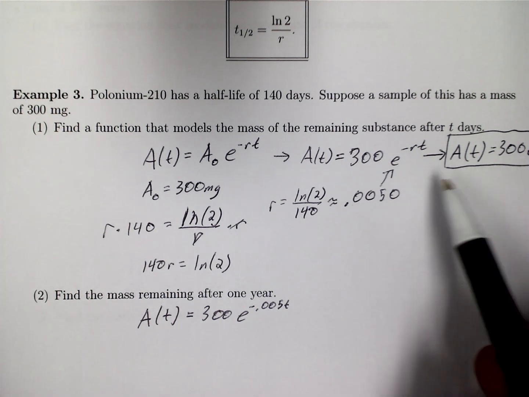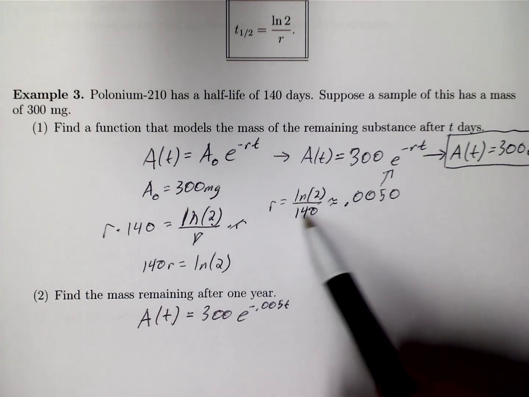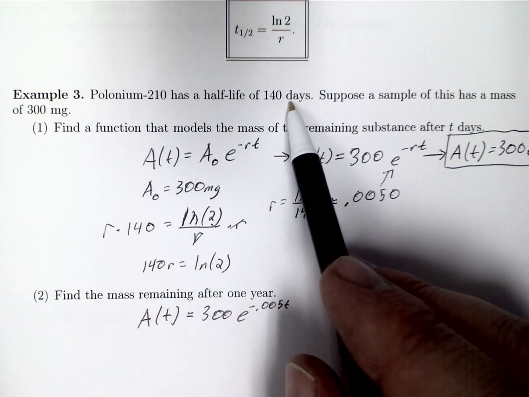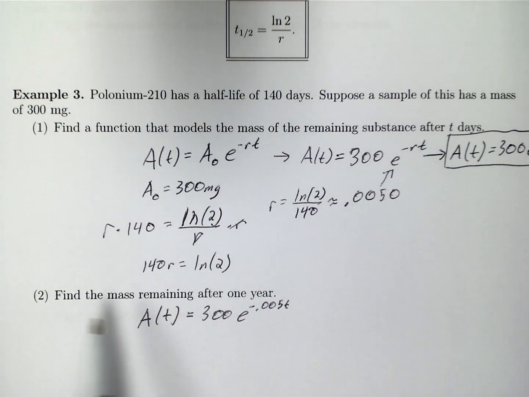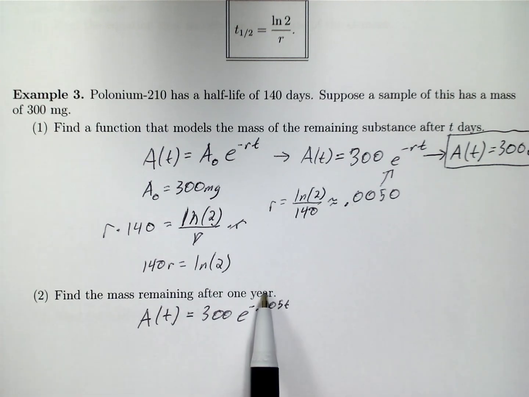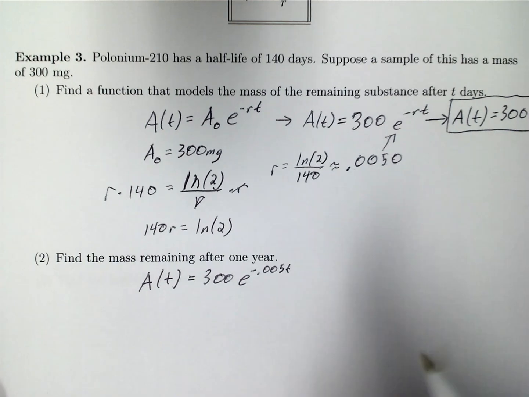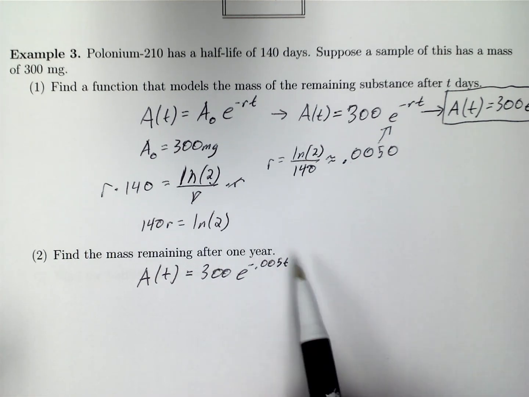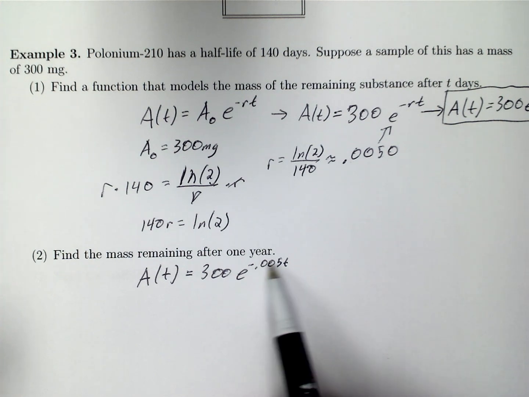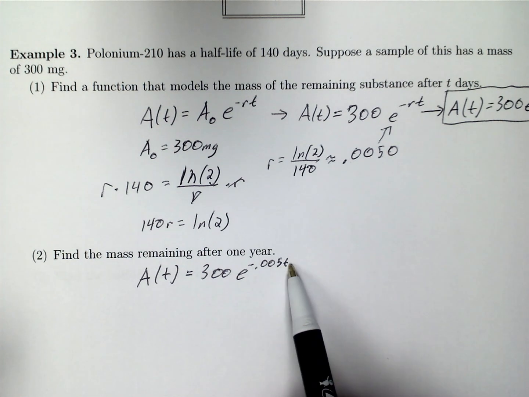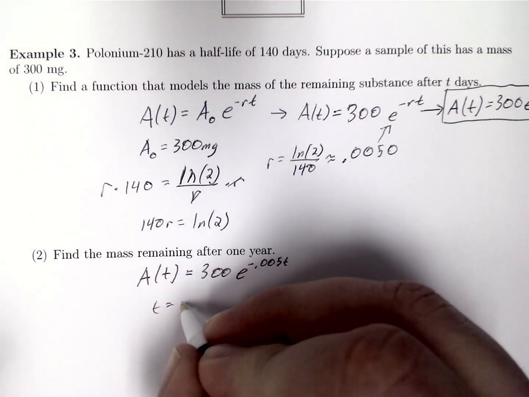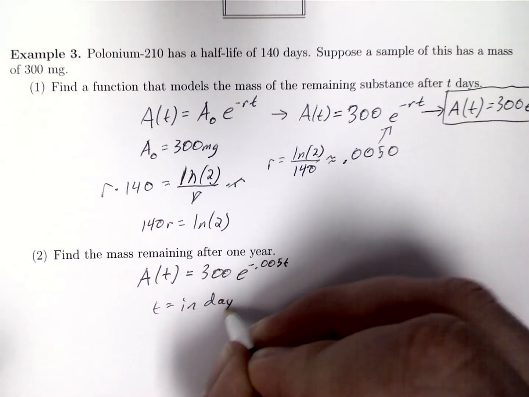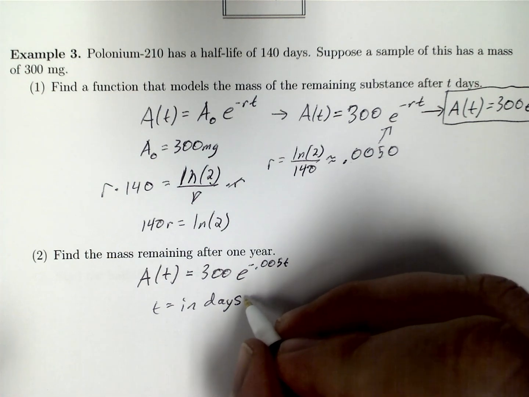And the way we computed our R was from dividing by 140. 140 what? 140 days, okay? So the question is asked, find the mass remaining after 1 year. What would that be? Well, we're not going to plug in 1 for t because this R, this relative decay rate, is based on days. So our time is in days. So how many days in a year?